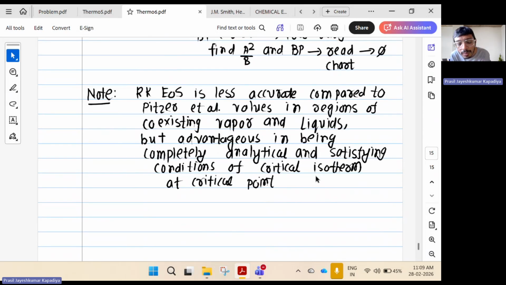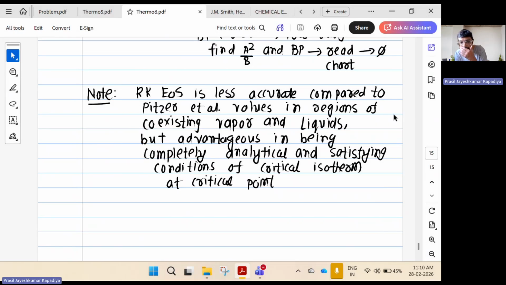One very important thing to remember here is that the RK equation of state is less accurate compared to Pitzer at all values in regions of coexisting vapor and liquid phases, but it is advantageous in being completely analytical and satisfying conditions of the critical isotherm at the critical point. So this equation can be used, but it has slightly less accuracy than what we use when we are dealing with phi equal to phi 0 into phi 1 raised to omega.